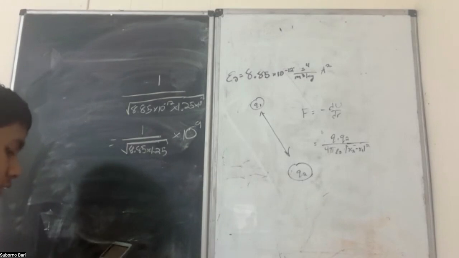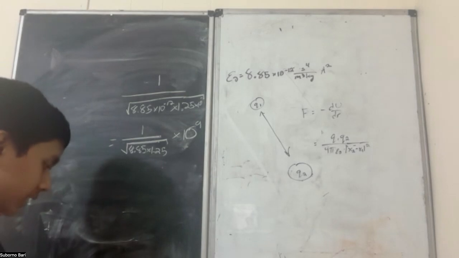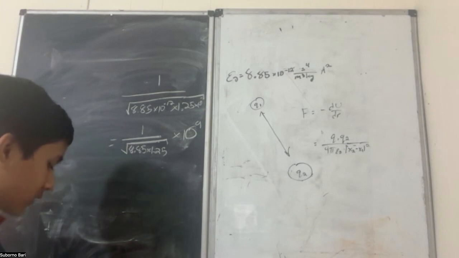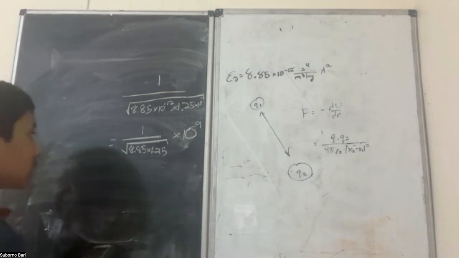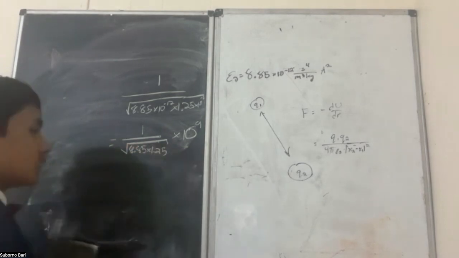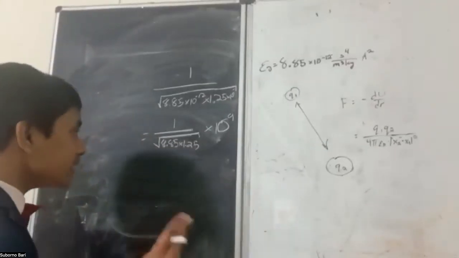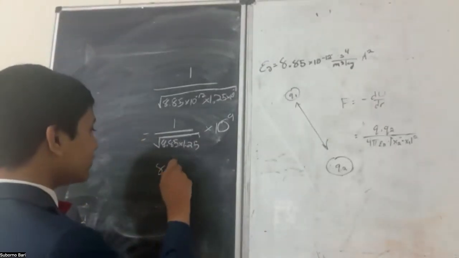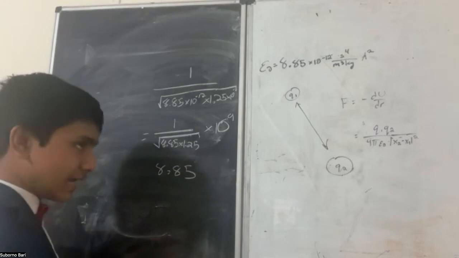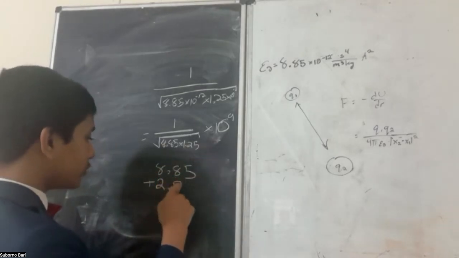So you get 1 over 9 times the square root of 9 times... what is this calculator, bro? 8.85 times 1.25, and this is about 0.3. Look, this is the better estimation. 8.85 times 1.25 is just 8.85 plus 1/4 of it, which is basically 2.2.